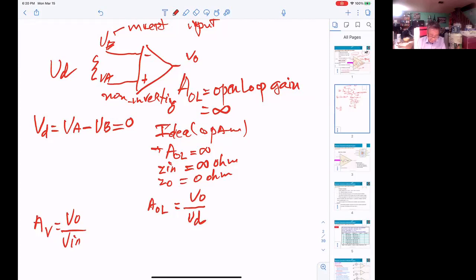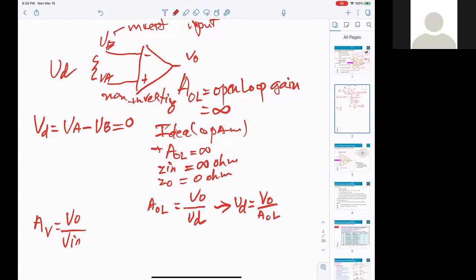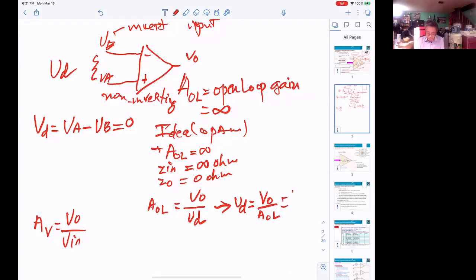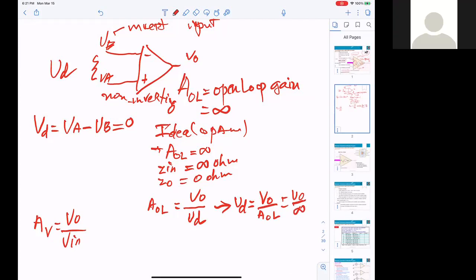However, from this formula, I want VD. VD equals V out divided by AOL, right? And that is V out divided by infinity, correct?